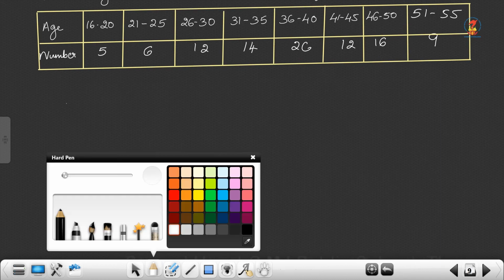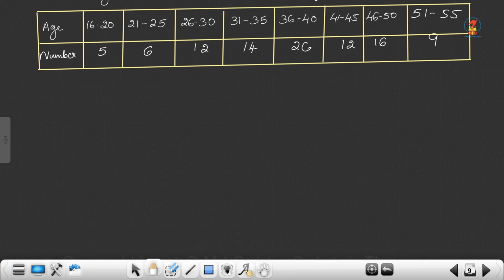Okay. So the class interval will be, subtract 0.5 from the lower limit. So 16 minus 0.5 is 15.5. Add 0.5 to the upper limit. So that is 20.5.